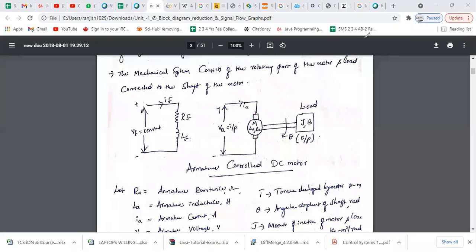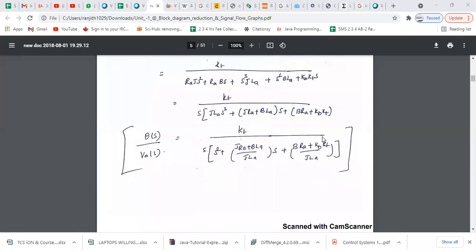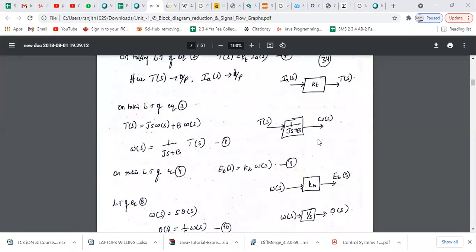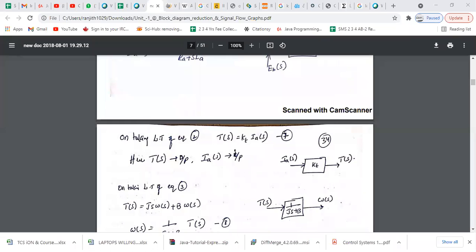We'll go to the block diagram part, right? Then from equation 2, what is the input here from this equation? What is the input? Ia of s. What is the output? T of s. So what is the transfer function here?